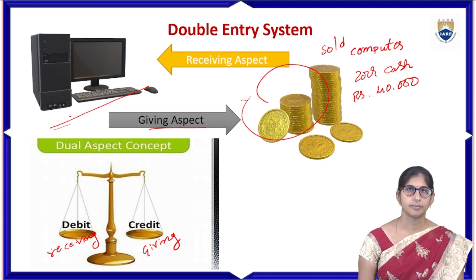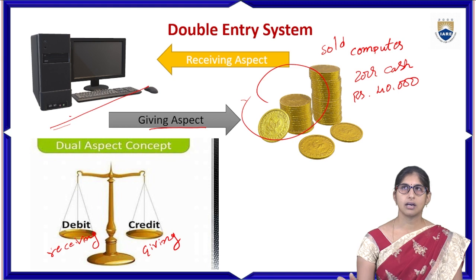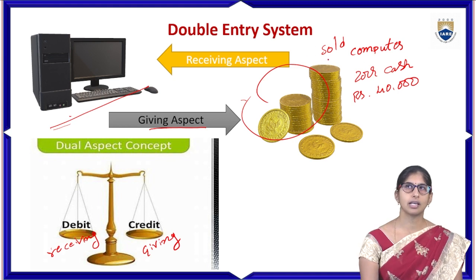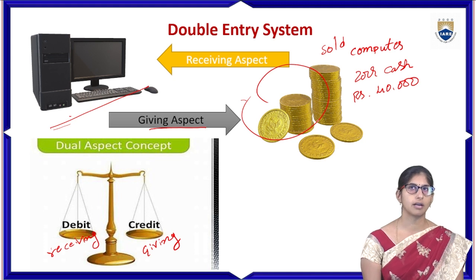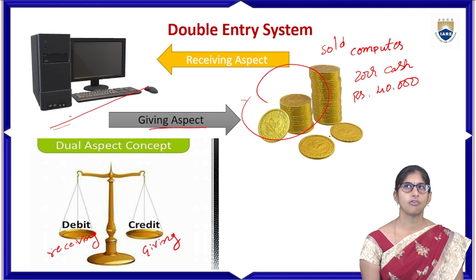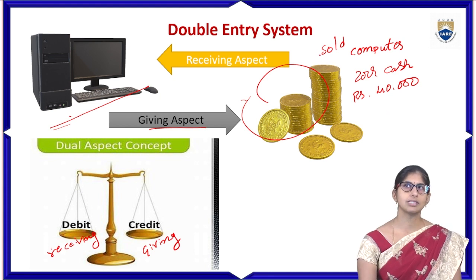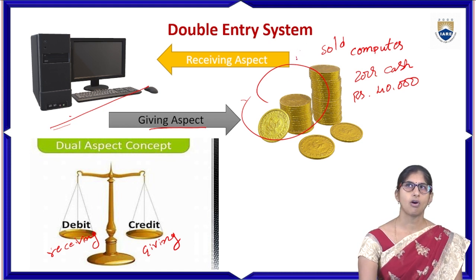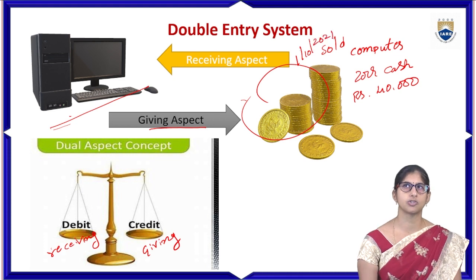And as I told, in this double entry system, in this example, we have sold a computer to some person for the worth of 40,000. Once we read this transaction as a sentence, for example, on 1st October 2021, sold computer for cash.